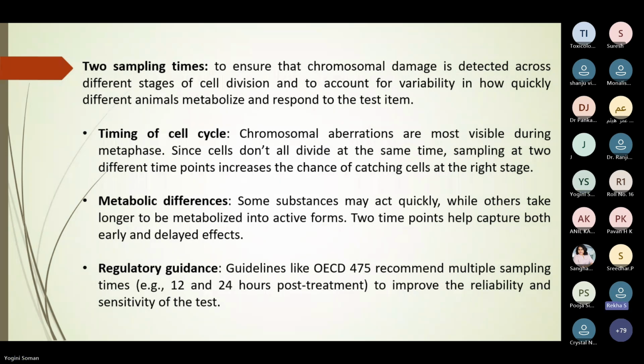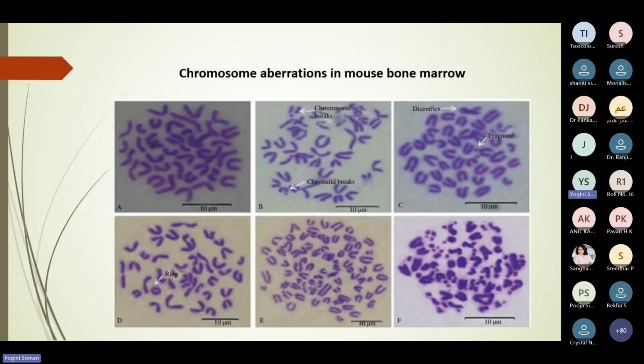And the third is the regulatory guideline. Regulatory guideline OECD 475 recommends multiple sampling, for example, 12 to 24 hours post treatment, to improve the reliability and sensitivity of the test. So this is the third reason for two sampling times.